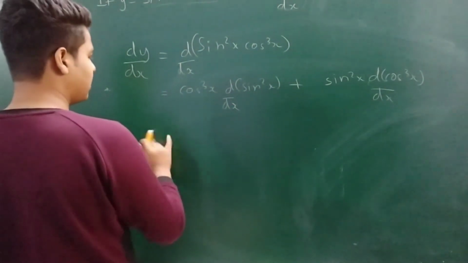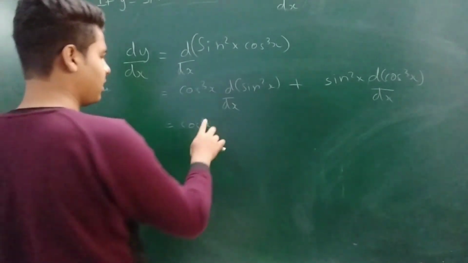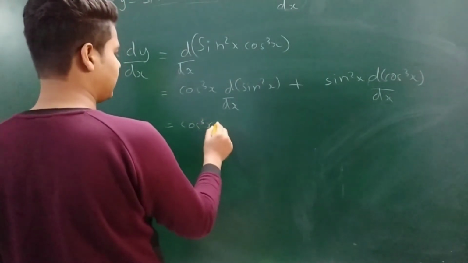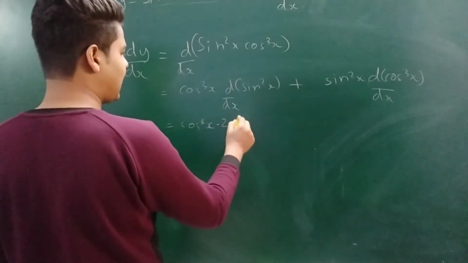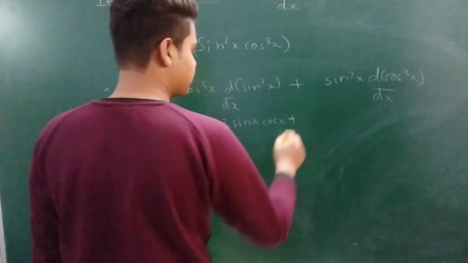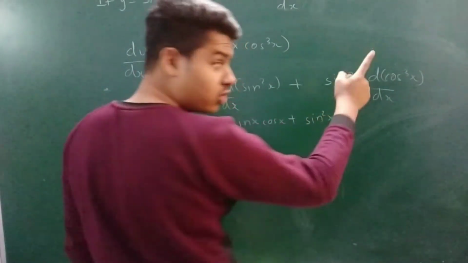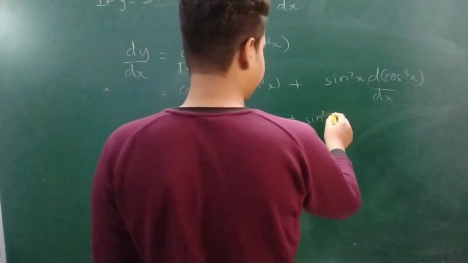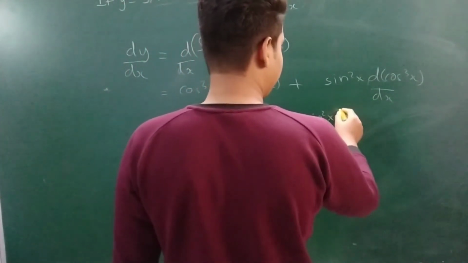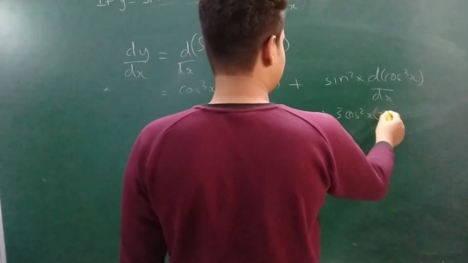So for this, cos cube x remains the same. Now for the differentiation of sine square x, it will be 2 sin x cos x, plus sine square x will remain the same. Cos cube x differentiation will be 3 cos square x times minus sin x.